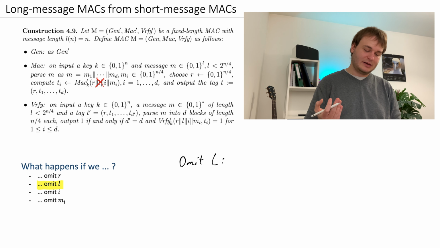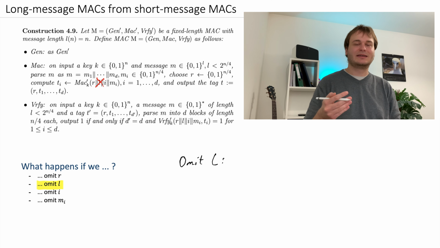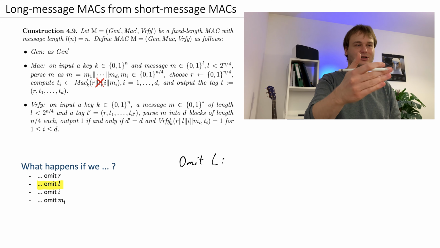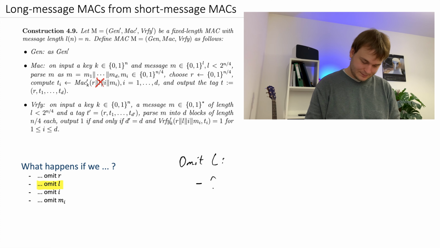The idea is that if we don't authenticate the length of the message that we want to MAC, basically this whole thing will become prone to truncation attacks. So I can query for a MAC on a long message and essentially just make this a MAC on a shorter message. So the attack goes like this.